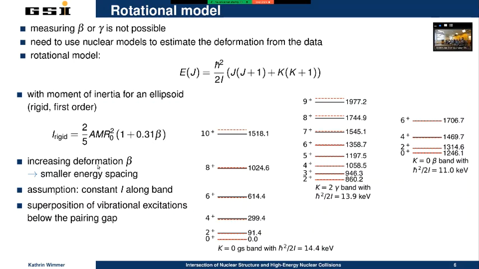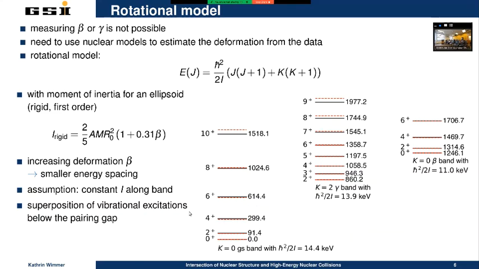So by increasing the deformation, the energy spacing of these rotational bands gets smaller and smaller. And of course, this whole thing assumes that the moment of inertia is constant along such a band. And the calculated levels here in the rotational model are shown by the red, and the experimental values are the black line. So you can see that this nucleus behaves very well like a rigid rotor.